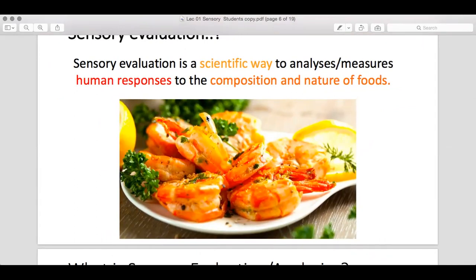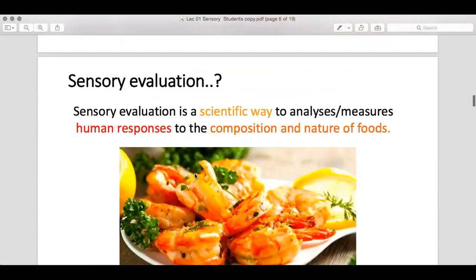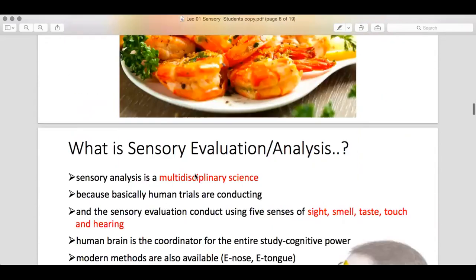Then you can determine that one is very good, that the color is very good. We all have that experience. But in this course module, we are going to study how to determine sensory evaluation in a scientific way, right? That is the difference here.